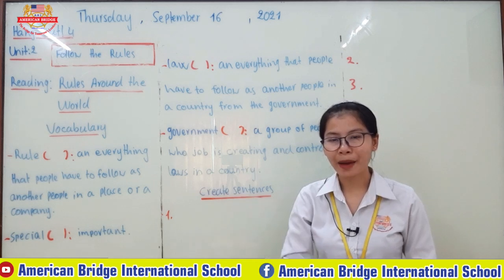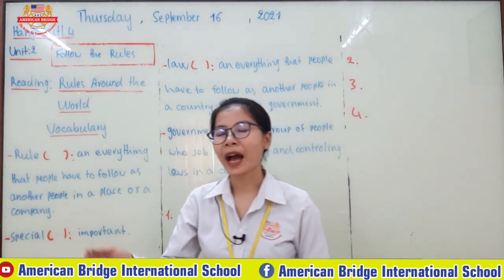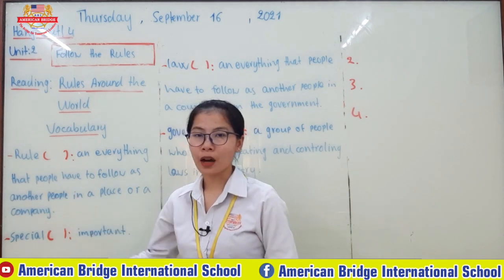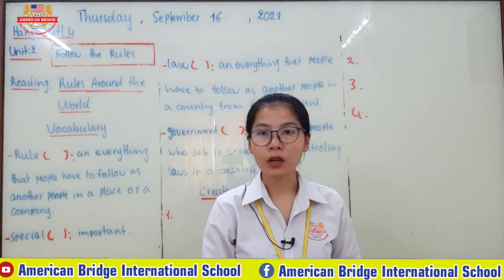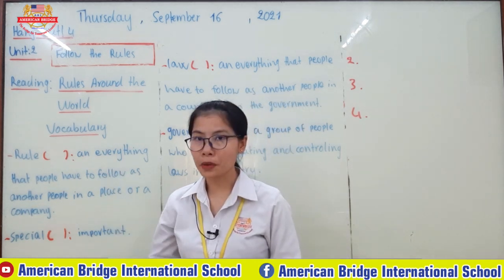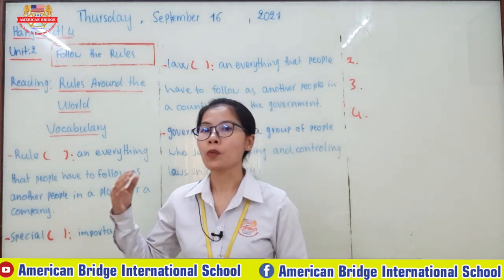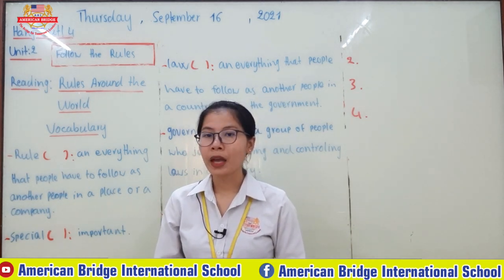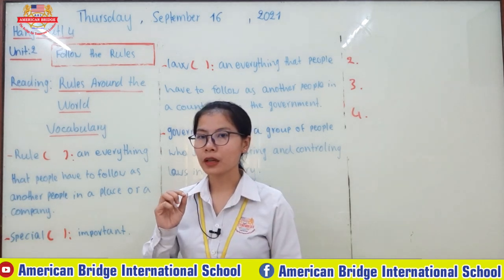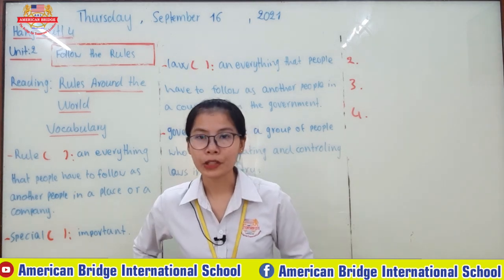Even if your country has this law, if you go to another country, you have to follow the law in that country. So every country has different laws, but some countries have similar laws, and some countries have very, very different laws that you think are very weird, very strange, okay? So you have to follow. If you don't follow the law, the police will catch you.